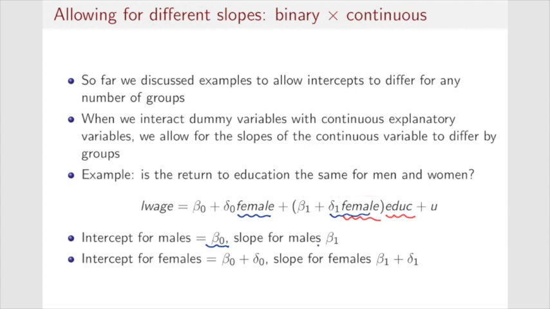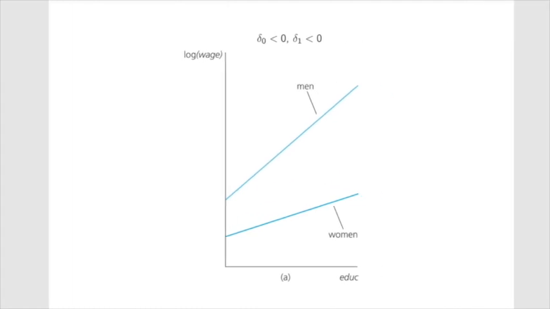The intercept is beta 0 and the slope is beta 1. But if the dummy variable equals 1, the intercept for females is beta 0 plus delta 0, and the slope is beta 1 plus delta 1.